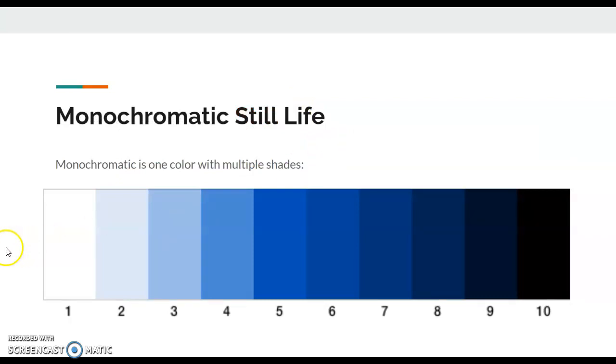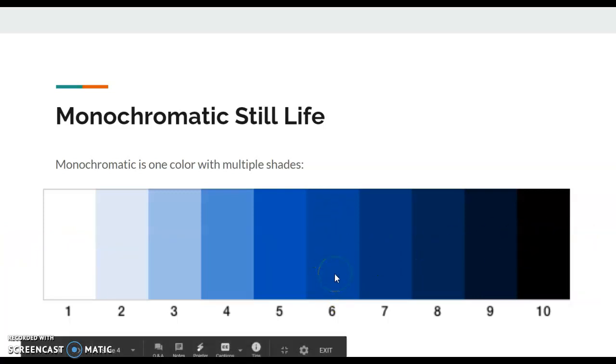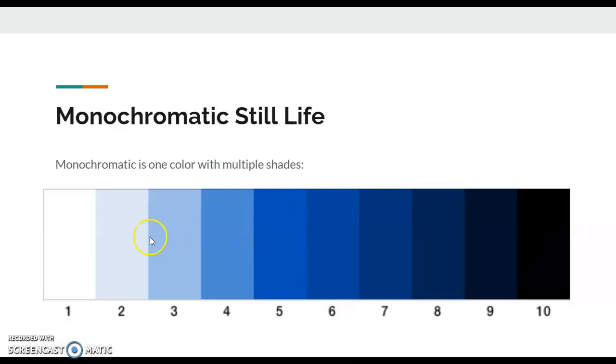So monochromatic, you can get a broad range of values in that one color using white and black. So this may be your middle tone here, the actual color, but as you add white and more white, you're going to get a lighter version. Now I'll warn you, it takes a lot of white to get this color from the actual blue.